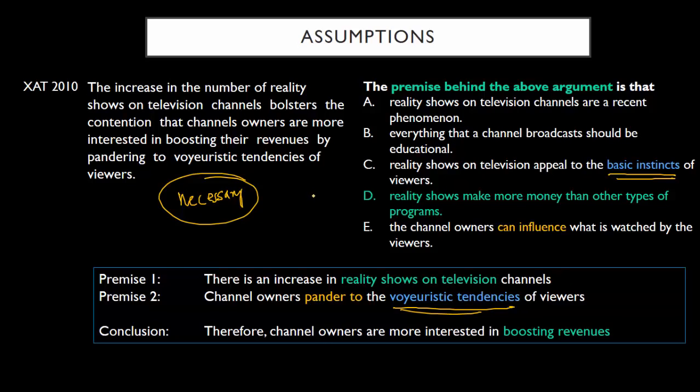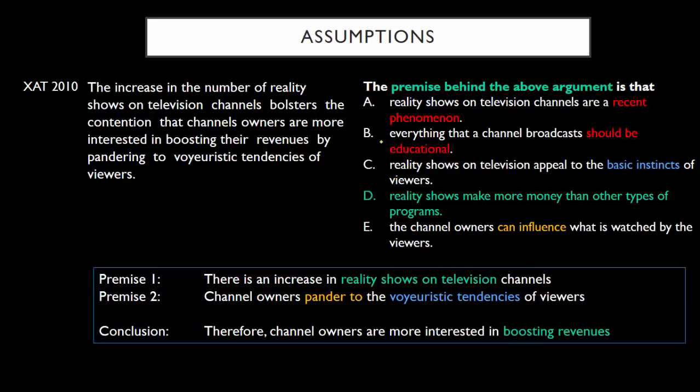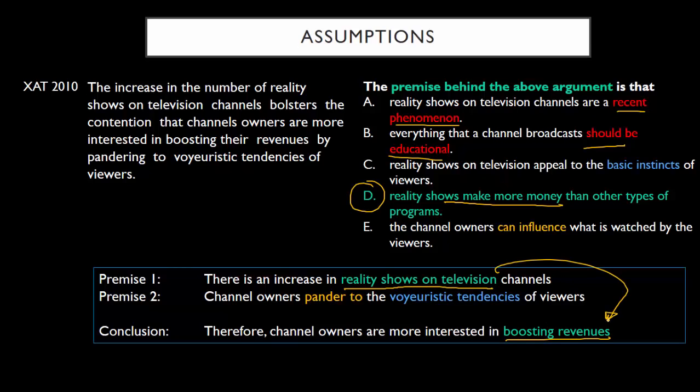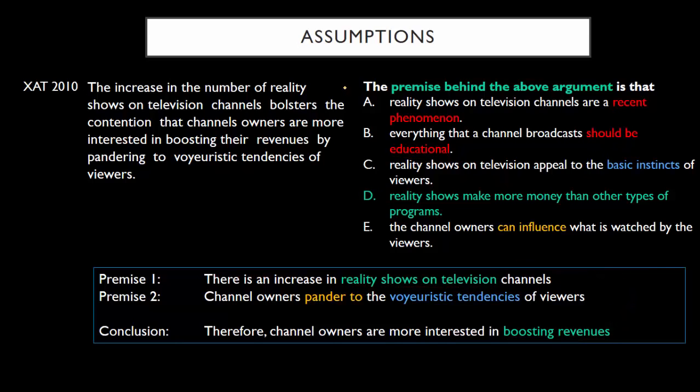And which is why C is not right. B talks about educational, not necessary, and A talks about recent phenomena, which is not necessary for the argument. What is necessary is that reality shows make money, because the argument relies on it. Reality shows on a television channel boost revenue, which means what is necessary for that to happen is that reality shows make money, right? I hope that makes sense.